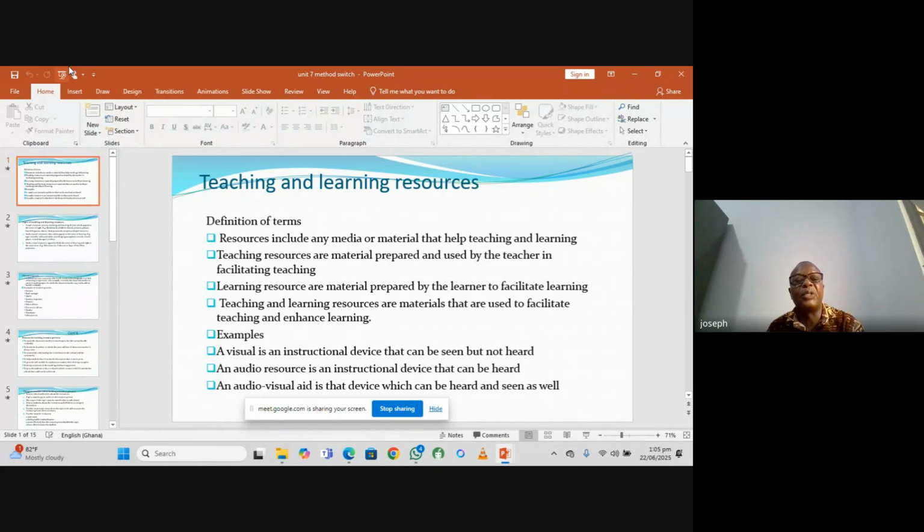Then the audio resource is an instructional device that can be heard. So the recording, the radio and all those that we hear without seeing the person making that noise, they are all audio resources. Then the combination of the two, audiovisual resources, are the devices which we can hear and see at the same time.